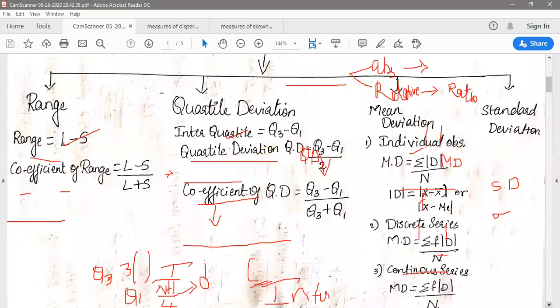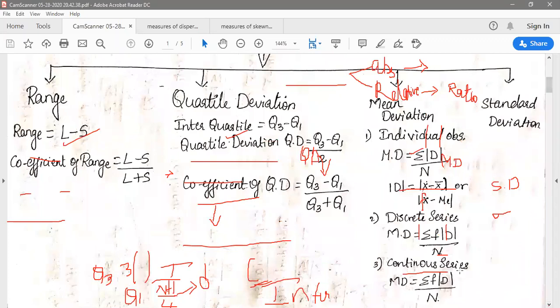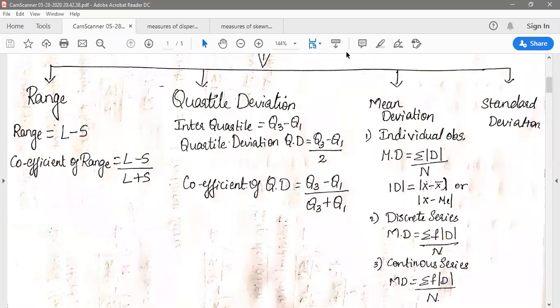Next, going on to continuous series. In continuous series, the formula remains the same. For discrete and continuous series, the formula remains the same. The only thing you have to notice is the deviations which have been calculated. Deviations is x minus x bar or x minus median. So that is the first three measures of dispersion.